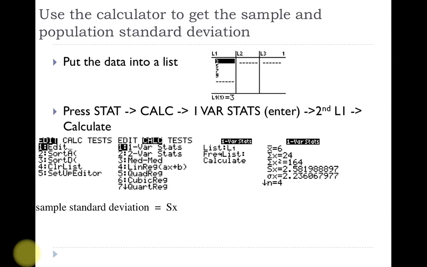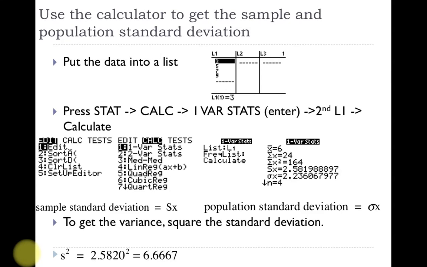Okay, so the one thing that the calculator does not give you is the variance. The output on the calculator does not provide a variance. So to get the variance, what you'll do is take the standard deviation, 2.5820 for the sample, and square it.